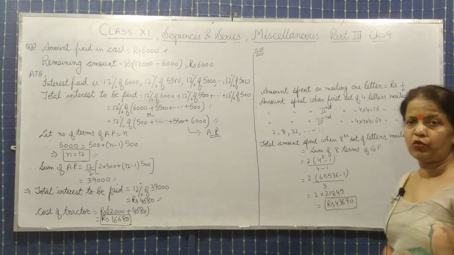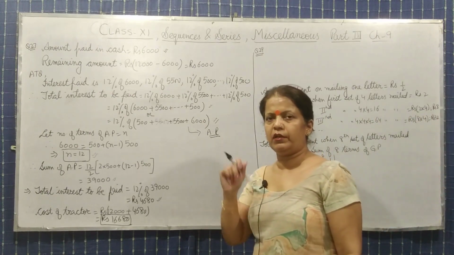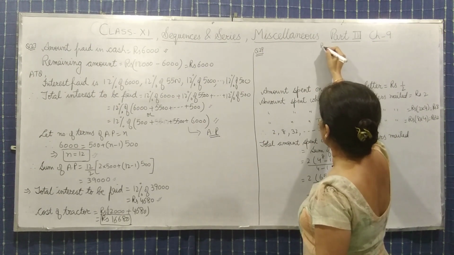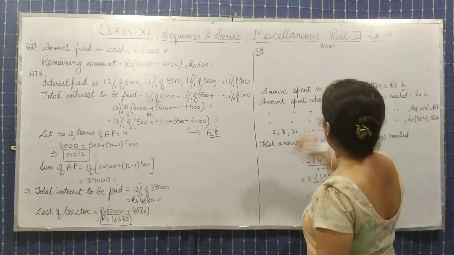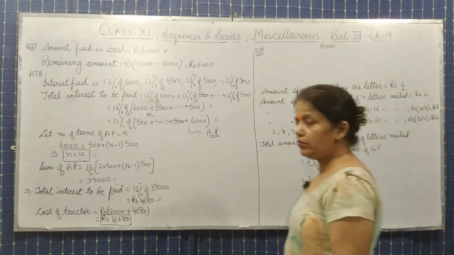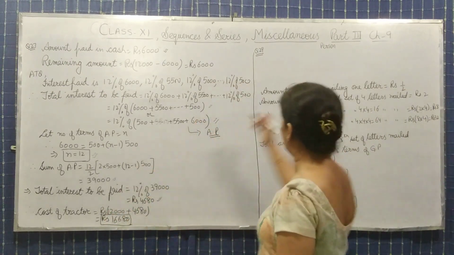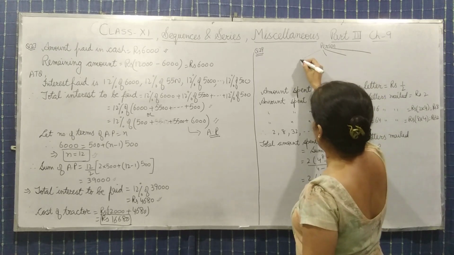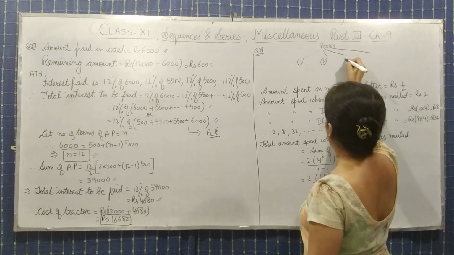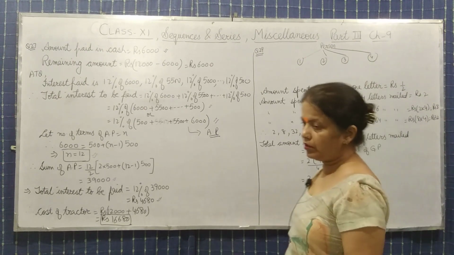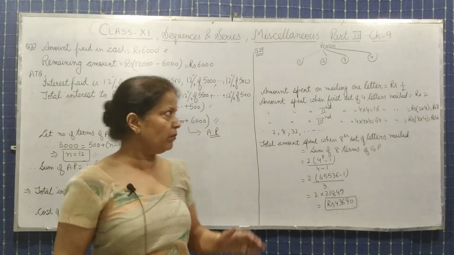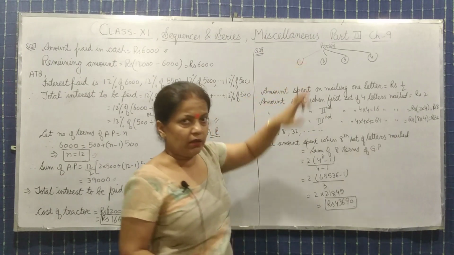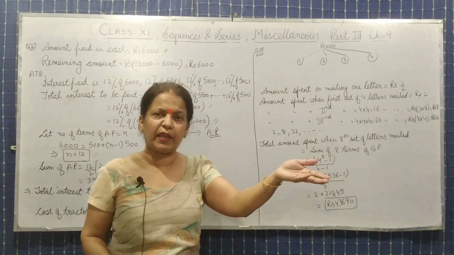Question 29. Before we go to the question, let us try to understand it. One person is there. He is mailing a letter to 4 friends. Let them be the first, second, third and fourth friend. According to him, each friend will further mail the letter to 4 more friends without breaking the chain.